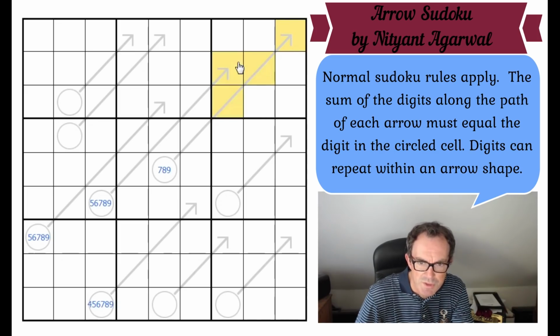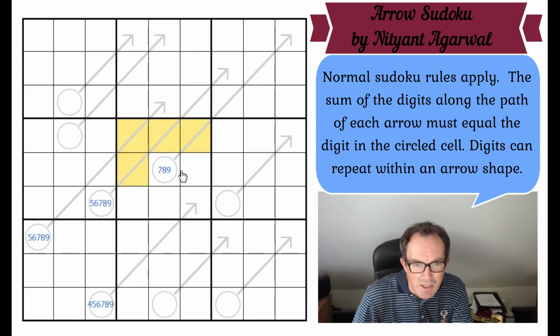If these were 1, 2, 3, and 4, where the 4 is, where the 1 is. Yeah, these arrows here all go through this box, so all of those squares would have to be different digits. Okay, so is this what we're meant to see?